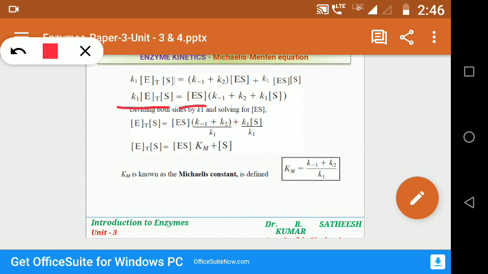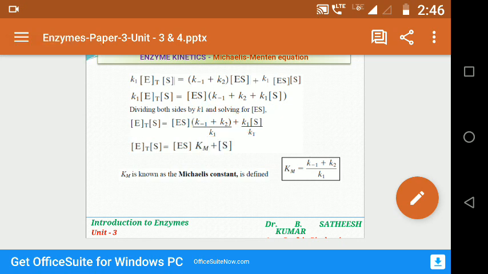And finally, dividing both sides by K1, we will get this equation. Here all three constants are in this way, K minus 1 plus K2 by K1.